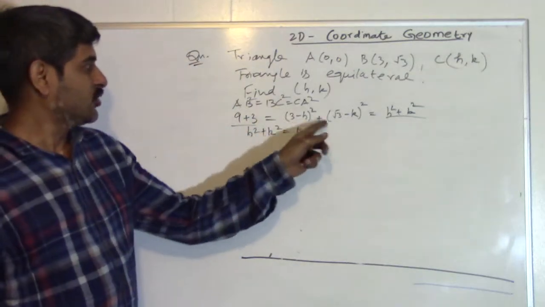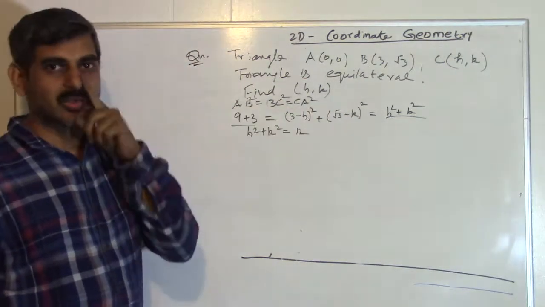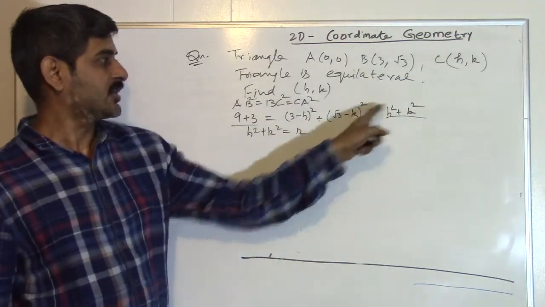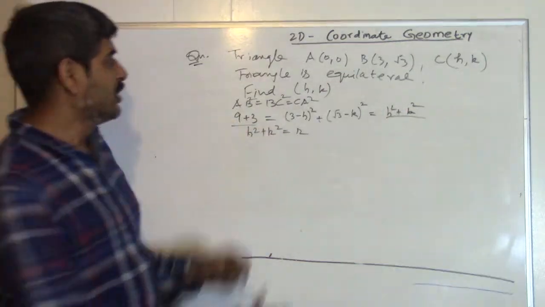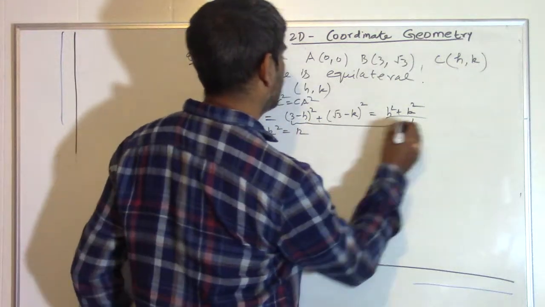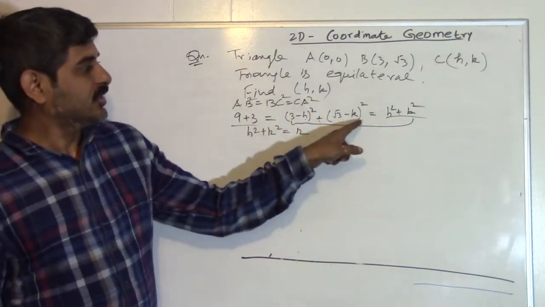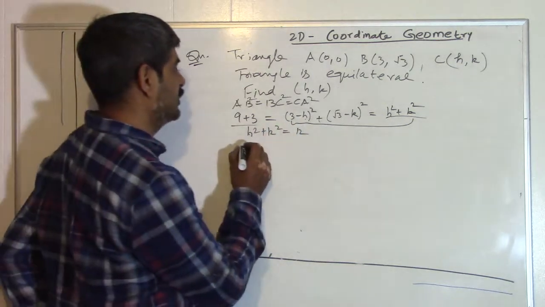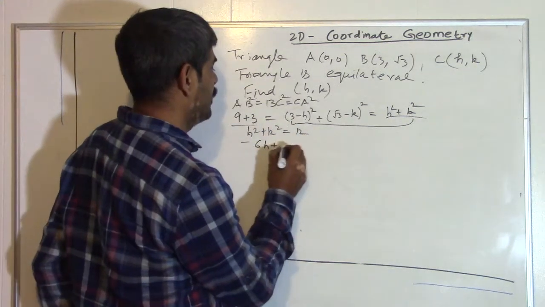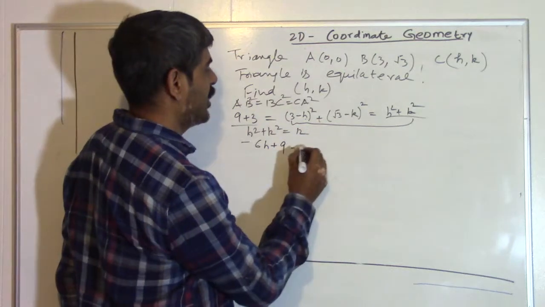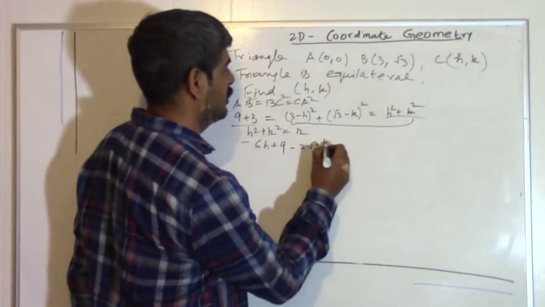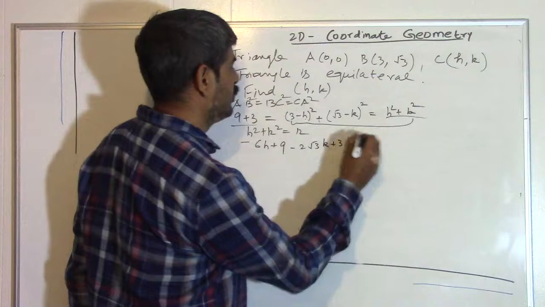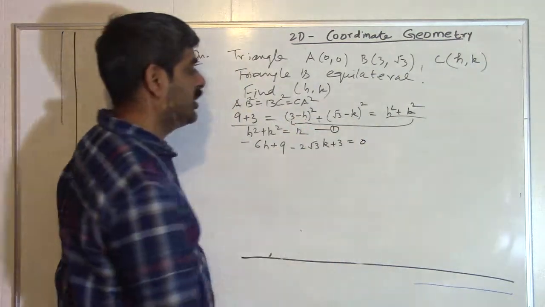Now the second one, don't take this one, again you will get h square and k square. Try to take this one because h square and k square will cancel out. If you take this equation, then h square and k square cancel out. You get minus 6h minus 2 root 3k plus 12 equal to 0. This is equation number 1.